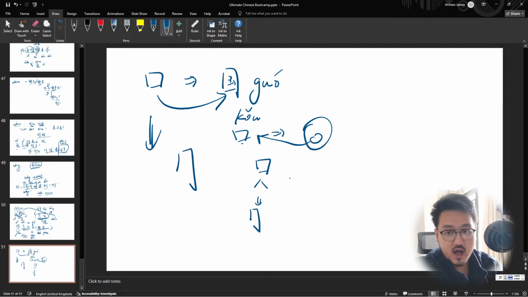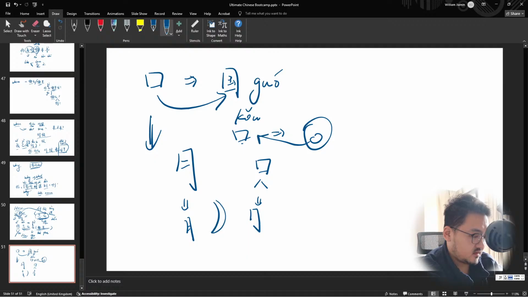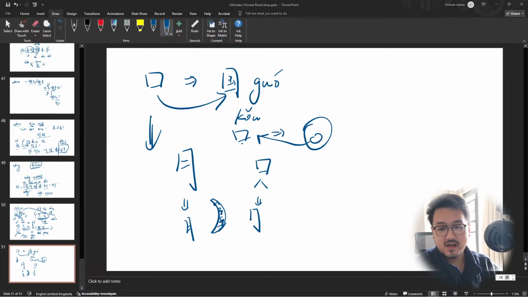So that is the open mouth. And if you add a little bit of a pattern inside and write it like this, it's kind of like a moon, like a crescent moon. Okay, so you know what? That becomes another character called 月.